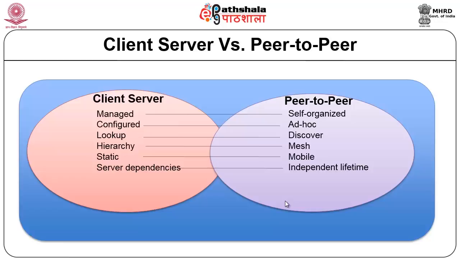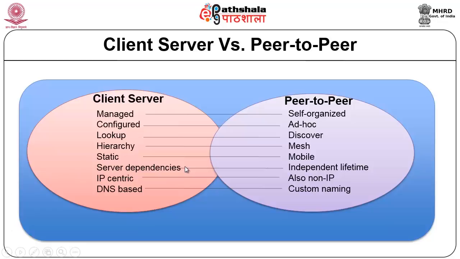As for dependency on the server, here it is independent. Each peer has its own lifetime, and the total network will not depend on any specific node. Therefore, in client server, the IP address of the server is of prime importance, but in peer-to-peer, no such requirement is there for any specific node.